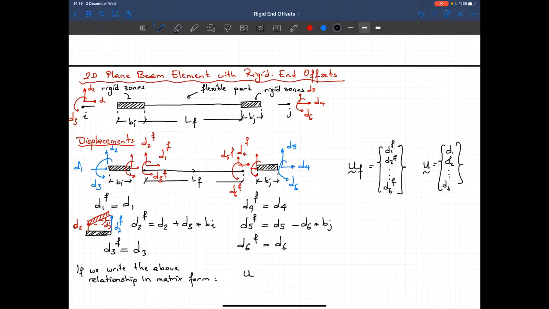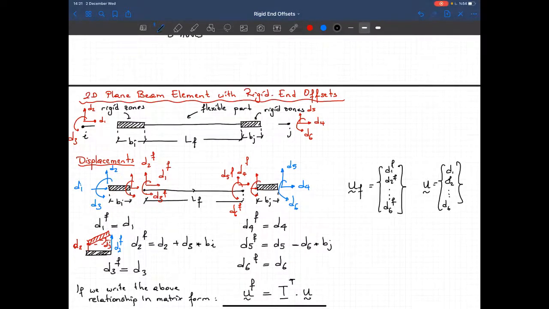I have UF, displacement of the flexible part, equal to T transpose, you will see why I write it this way, multiplied by the displacements. And the transpose of the transformation matrix will have the following form.